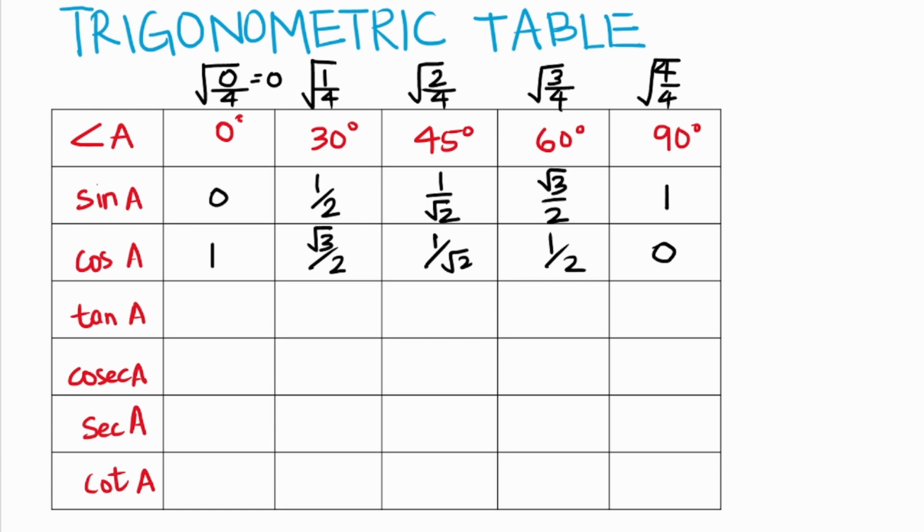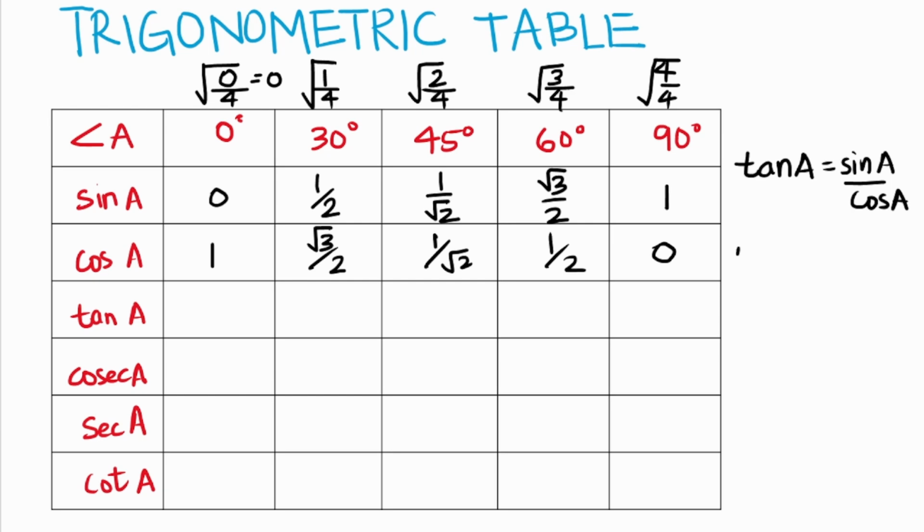And about tan, why don't you just try to think? You can do this. Come on. What is tan 0? Since you know the value of sine 0, you know the value of cos 0 also. You can write tan A as sine A divided by cos A, right?